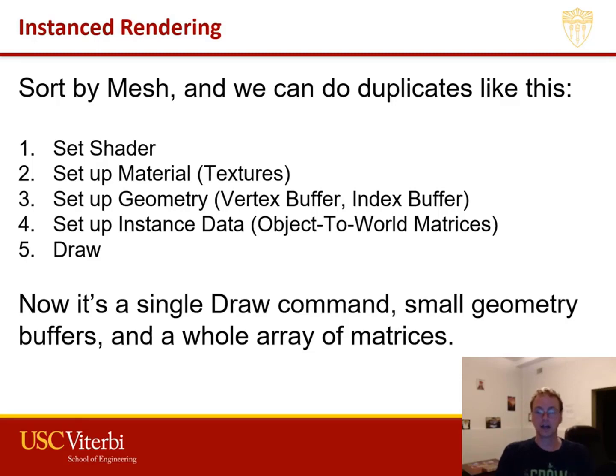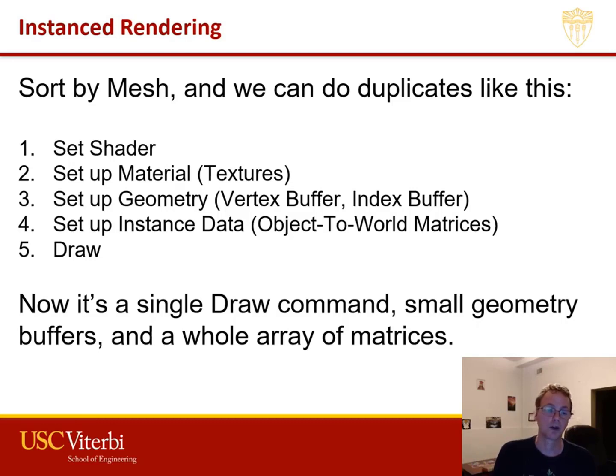The instance data is an array of all the object to world matrices. We take the object to world matrix of each tree and we stack that into an array of data, shove that at the GPU and say, hey, GPU, I want you to render this geometry for every one of these matrices in the array with a single draw command. We say draw it, and then you'll say, how many of those did you just give? Like how many matrices you gave.